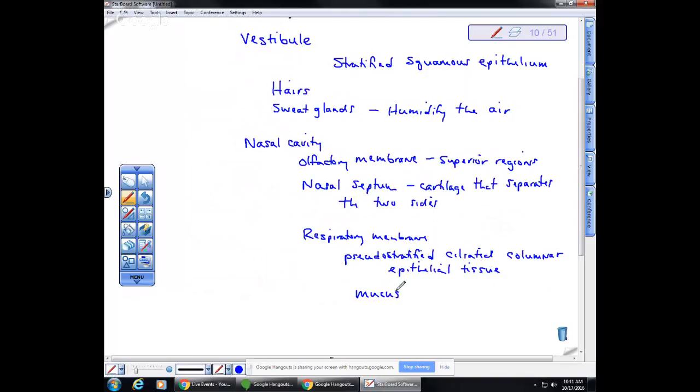And this mucus traps particles, and then the cilia on this tissue actually move that mucus towards the throat.